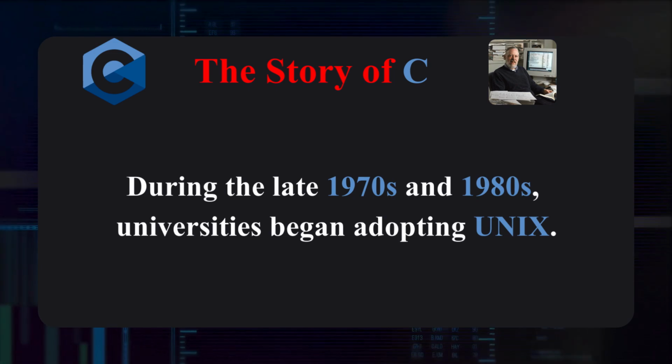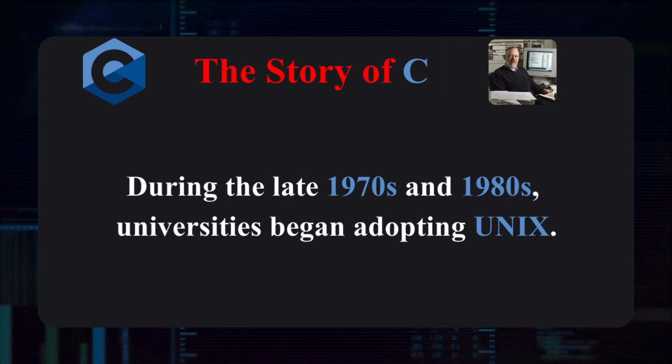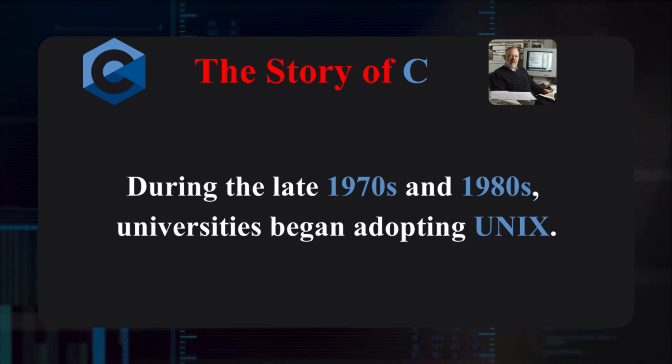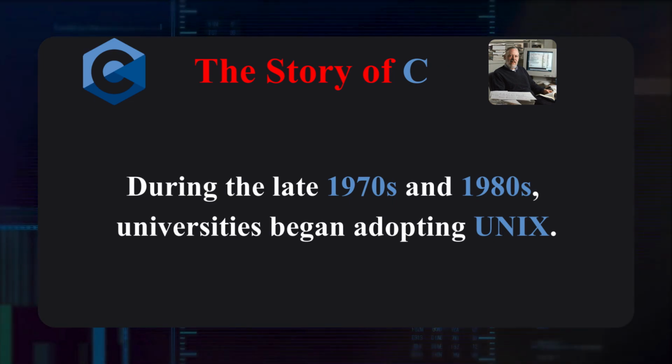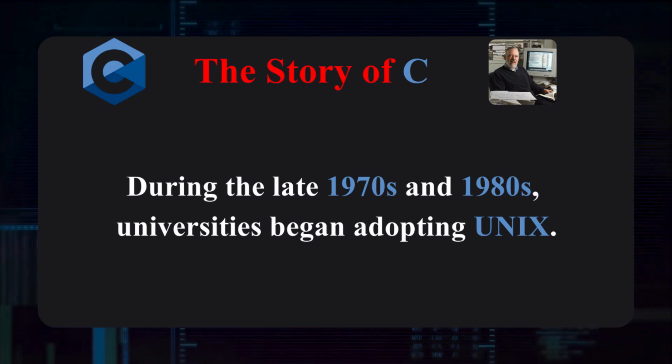As C became more popular, different versions started appearing. This caused problems, like code written on one system didn't always work on another, and compilers behaved differently.